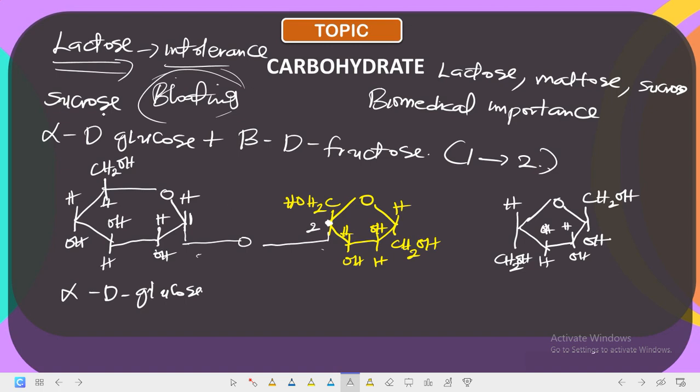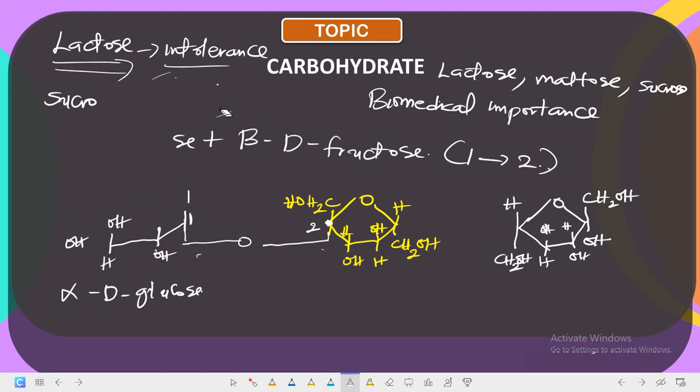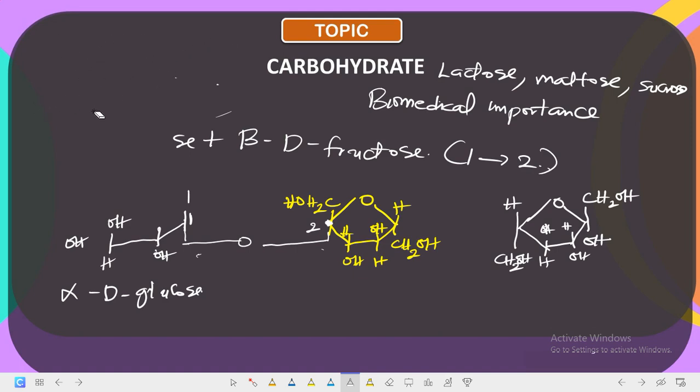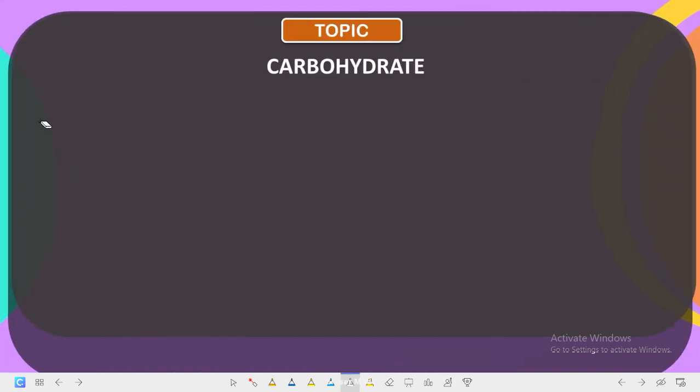So those are the structures of all the disaccharides. Now let us talk about the polysaccharides, the structures of polysaccharides. Under polysaccharide, we have two classifications.